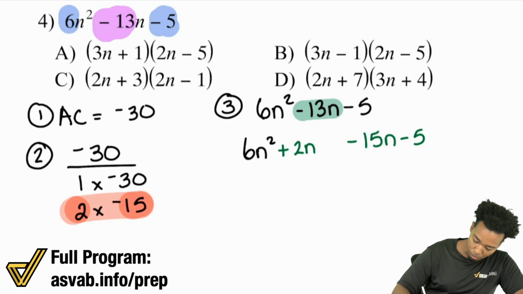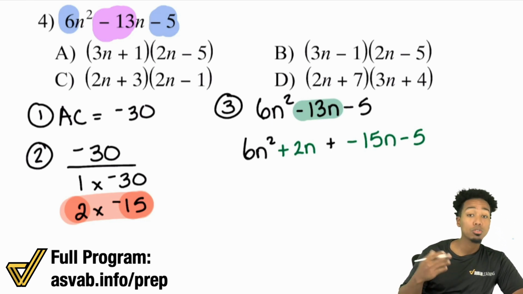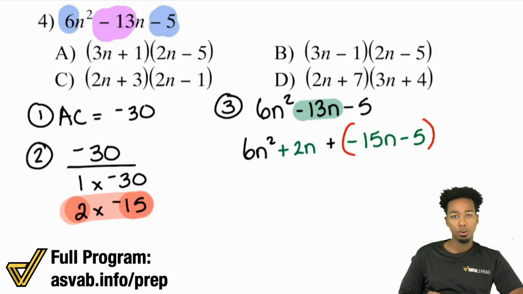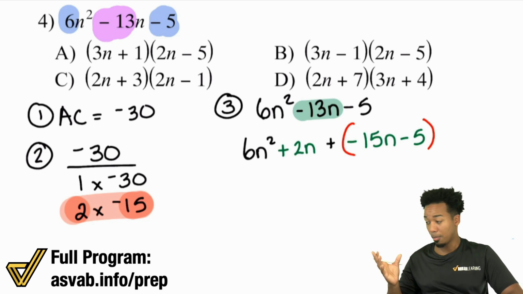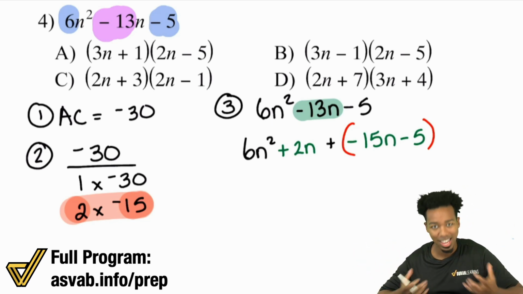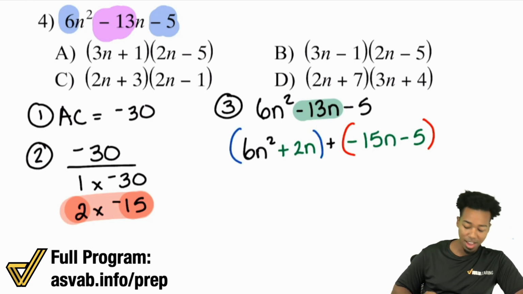And I'll go ahead and include a plus right here in the middle because, again, we are going to group them. And when it comes to grouping with a negative in front, you want to make sure you group the whole term. You don't want just the number and then leave the negative out of it. That's not the actual term. You want to group the sign with the term. And so there we have that, my math party people.